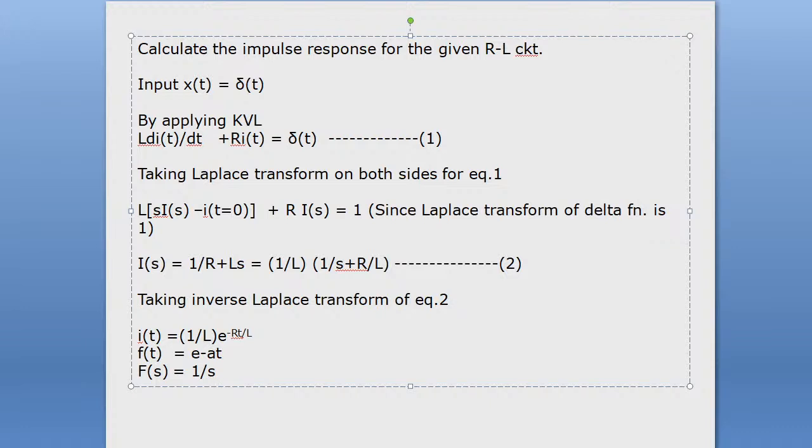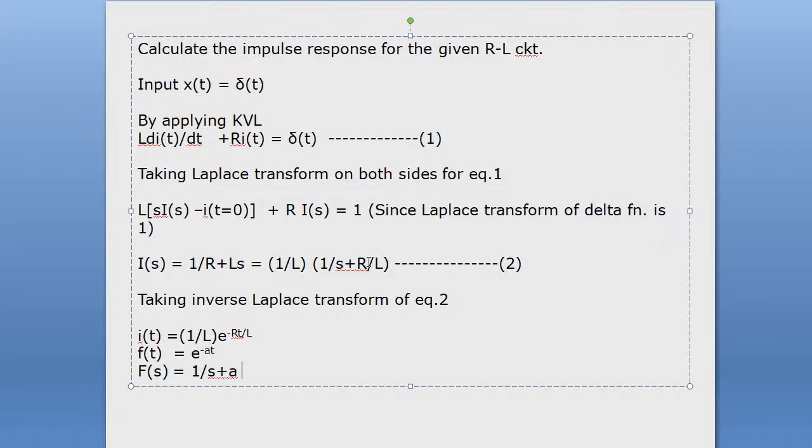So if the Laplace transform is 1 by s plus a, then its time domain is e to the power minus at.